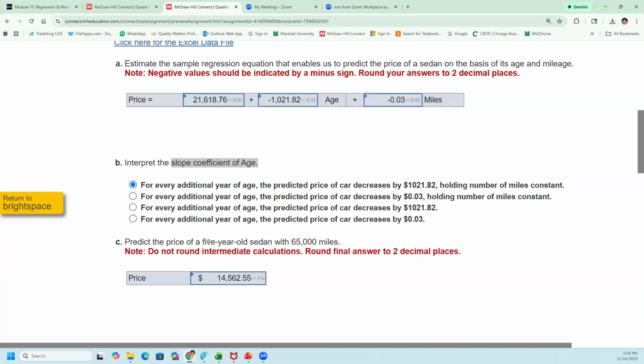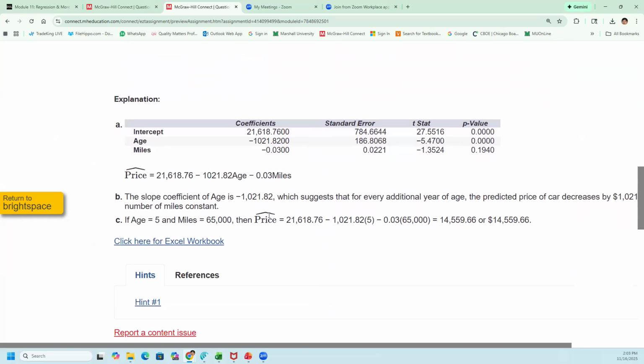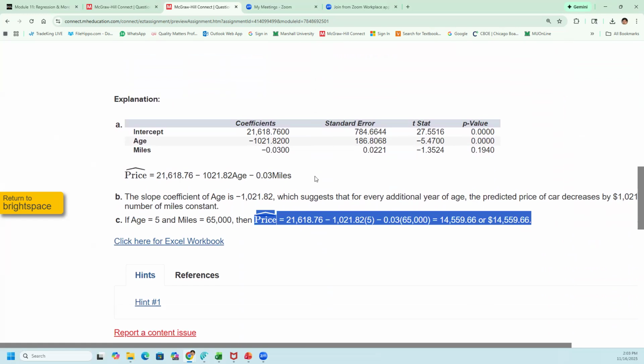So how can you use this for prediction of a car which is 5 years old and has 65,000 miles? Replace age by 5, miles by 65,000. So the prediction equation for the price would be the intercept 121,618 minus the coefficient for age, 1,021 times 5, and then the coefficient for miles, negative 0.03, times 65,000 miles.